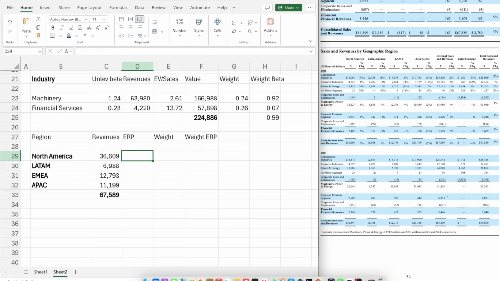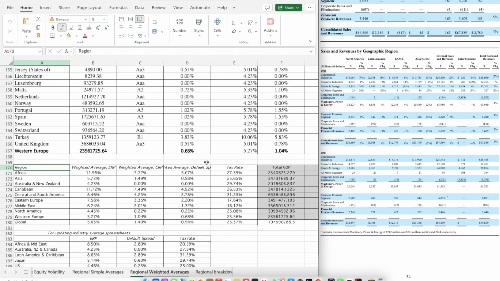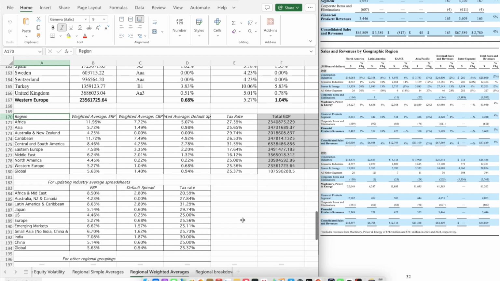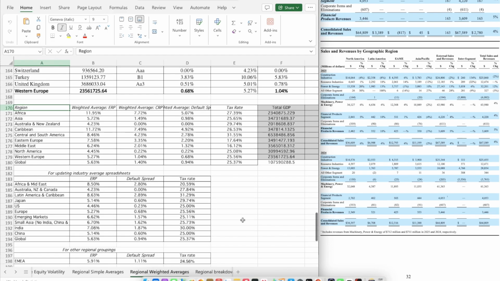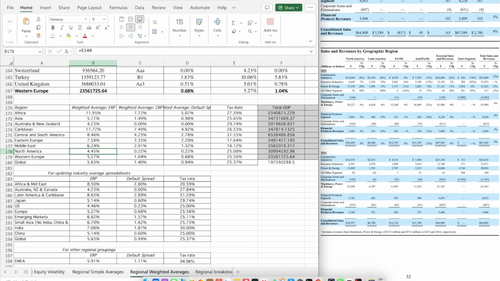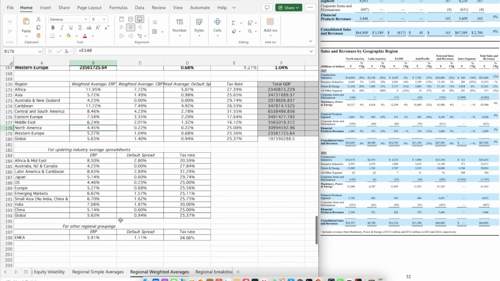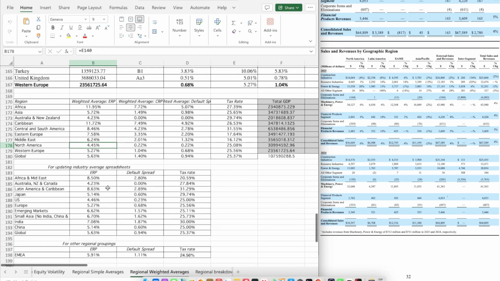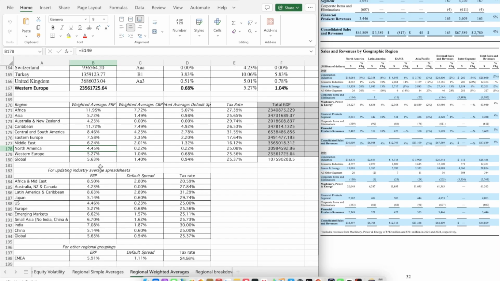So for North America, let's pull up our risk premiums for countries. For North America, it's 4.45%. For LATAM, you go Central and South America, let's go 8.63.